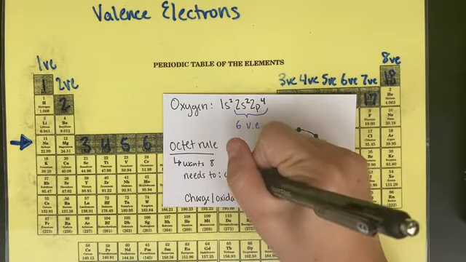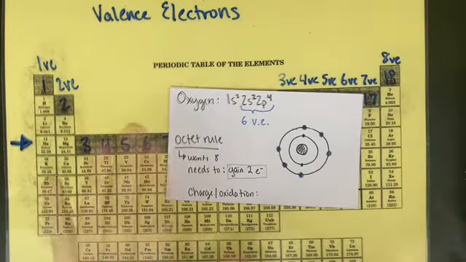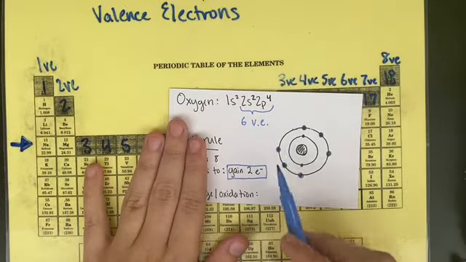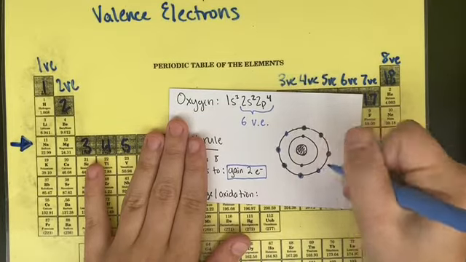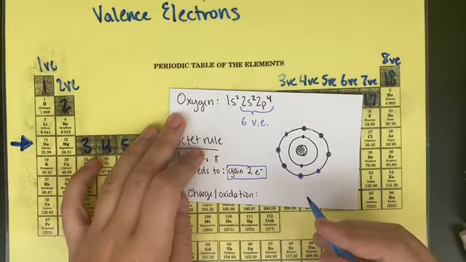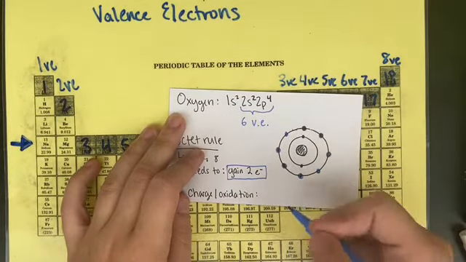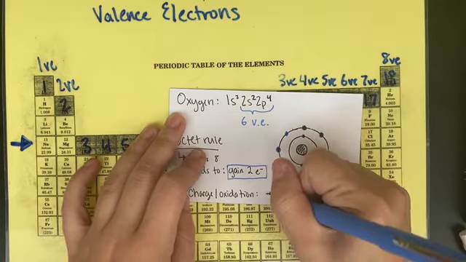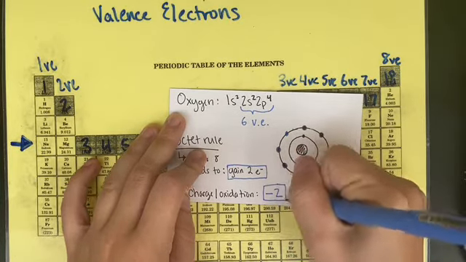It needs to gain 2 electrons. So if our oxygen atom gains 2 more electrons, it's not going to be neutral anymore. If it gains 2 electrons, it's going to become an anion, which means it's going to become negative. And since it gains 2, it's going to become a -2 ion.